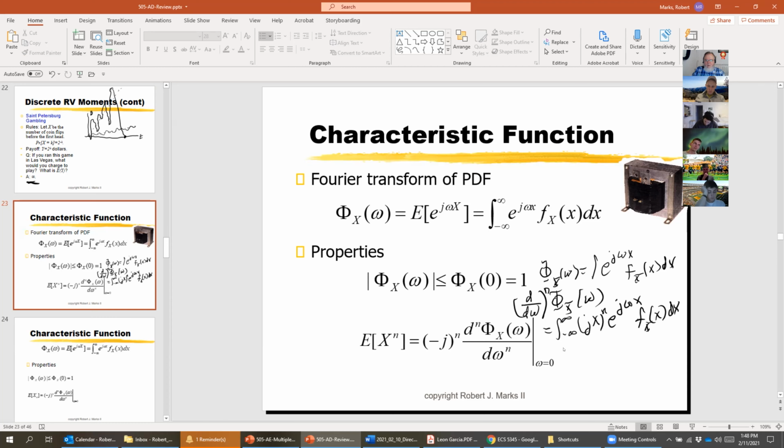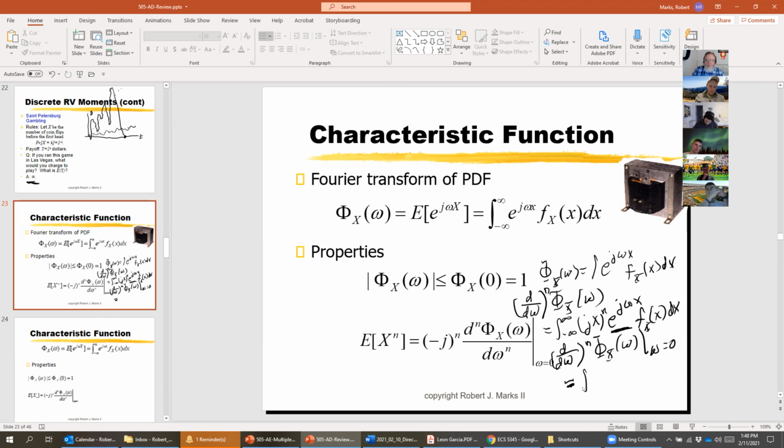And then if we evaluate this thing at omega equal to 0, the Fourier kernel goes away.